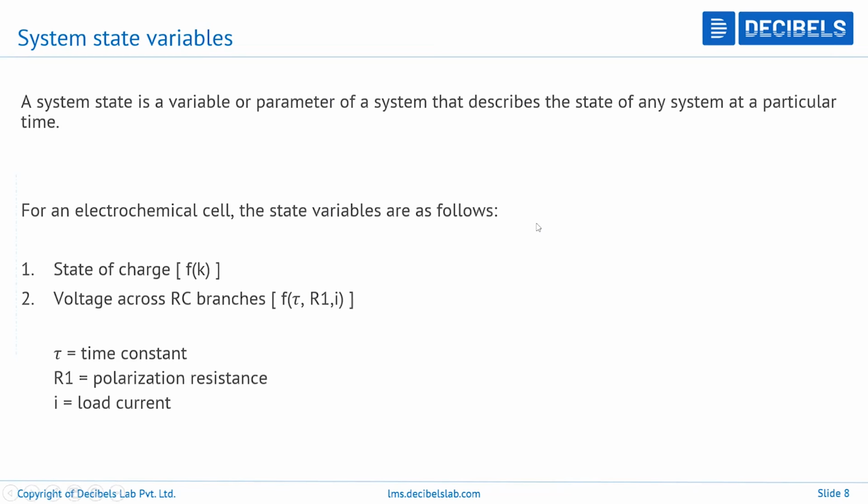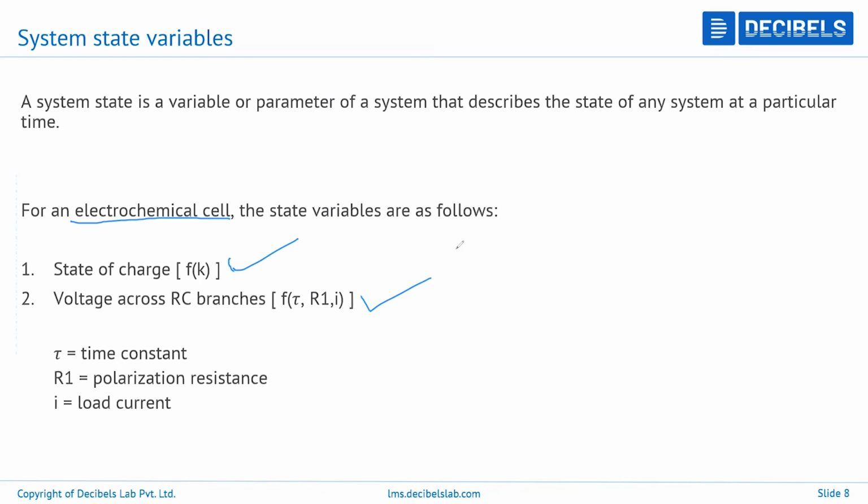Anything which represents the system's condition or the system's behavior at a particular time is called a system state. For a particular electrochemical cell, say a lithium ion cell, the state variables are represented as state of charge and voltage across the RC branch. These are the two state variables that have been derived.